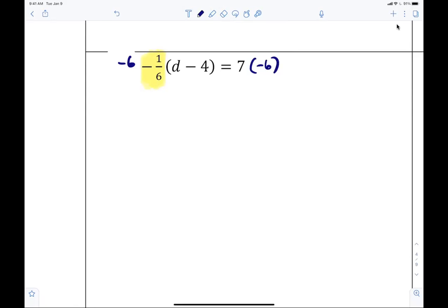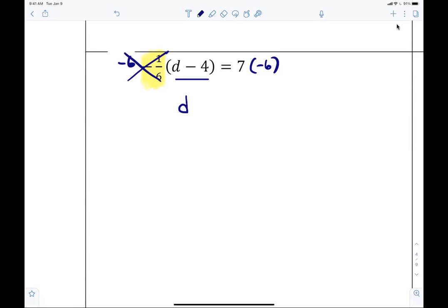Now, do you see how much easier that is? Because what's going to happen here? You're left with, tell me what you're left with. D. You're right, these cancel. So what are you left with?